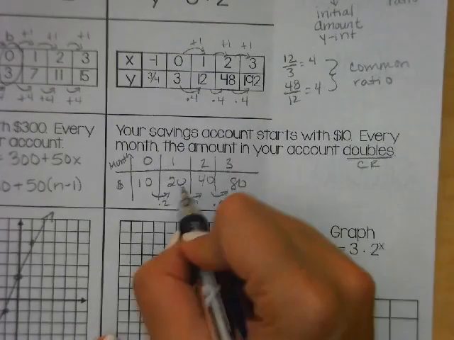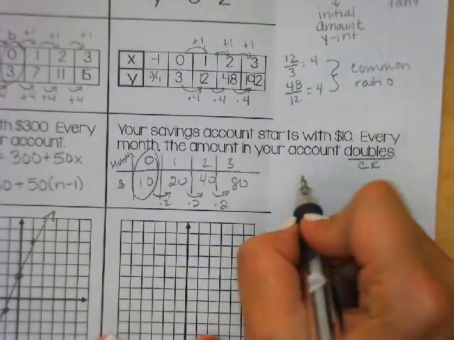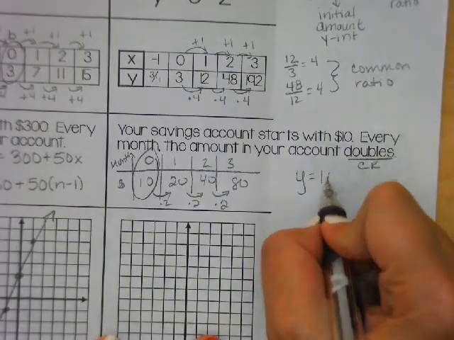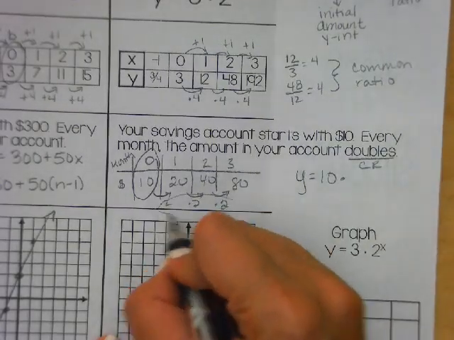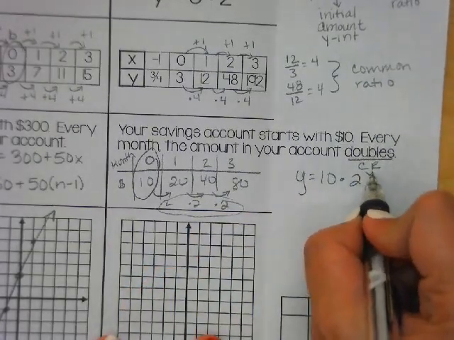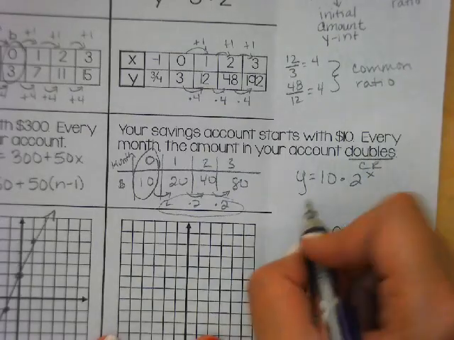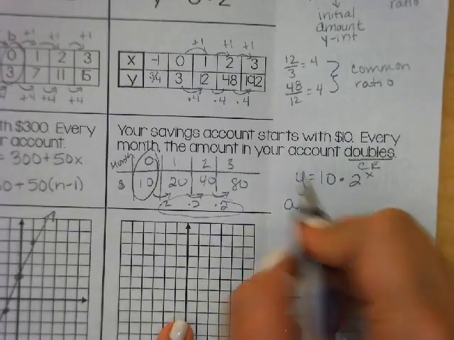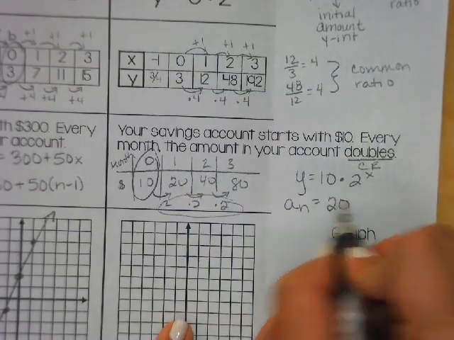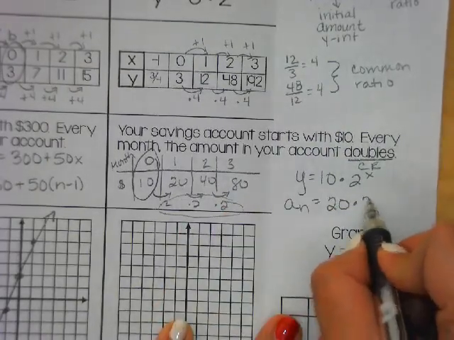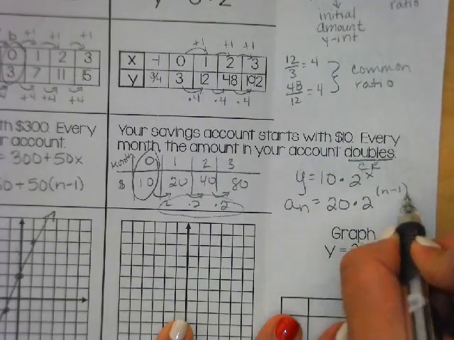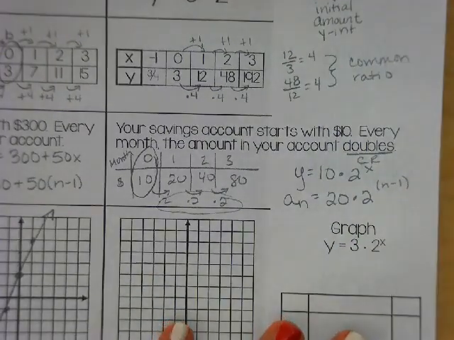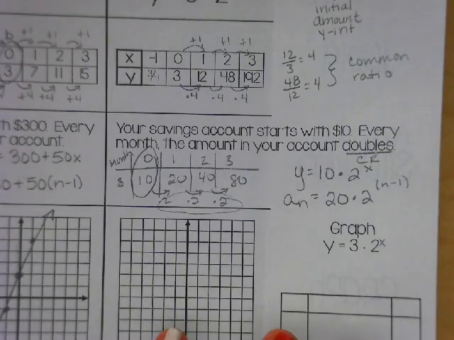And the equation here would be our initial amount times our common ratio to the x power. When we were writing this as a geometric sequence, then we would start with 20, because that's our first term, times 2 to the n minus 1. Keep in mind that these are exactly the same.